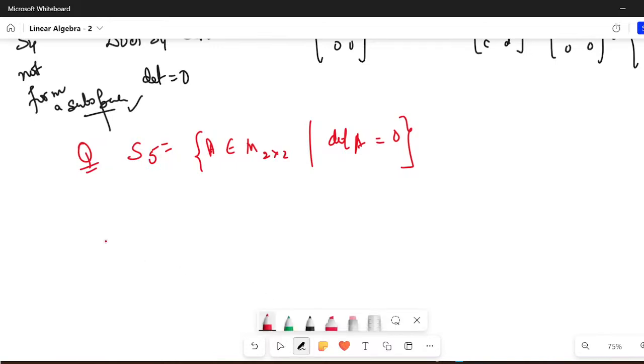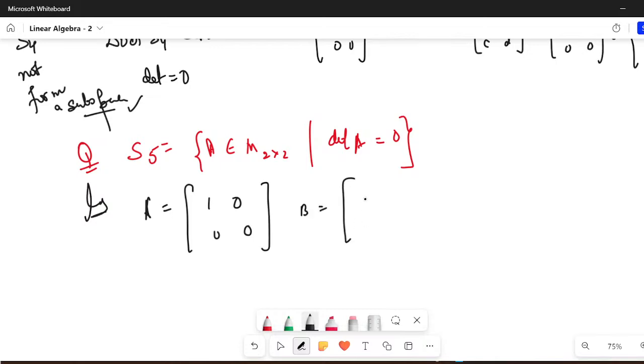Will it form a subspace? So in order to see that, take two examples. Take example A, which is equal to 1 0 0 0, and take another example B, which is 0 0 0 1. Both of these A and B belong to S5, isn't it? But do you think their sum belongs to S5?